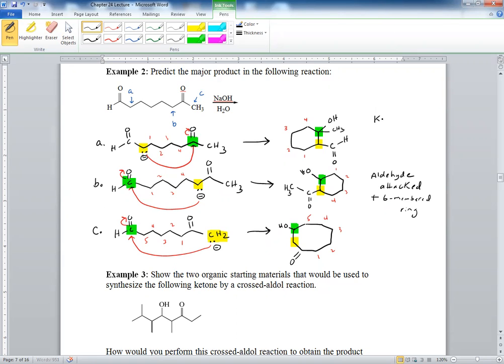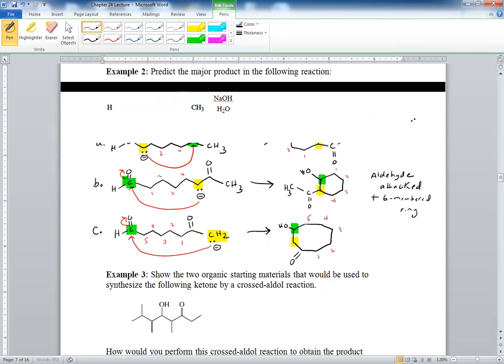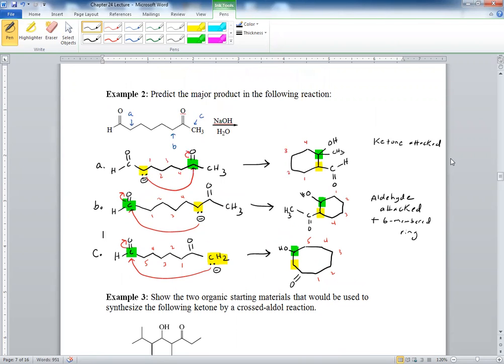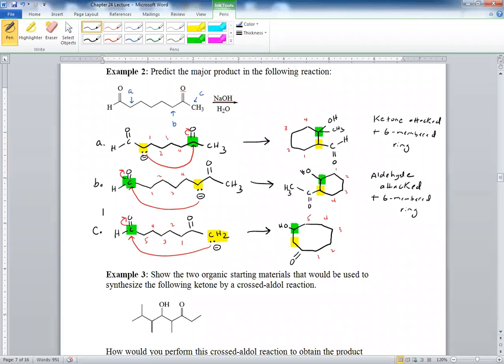Here you have a ketone attacked. You did form a 6-membered ring, but not favored at equilibrium.